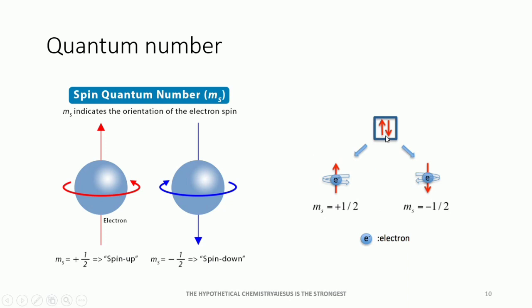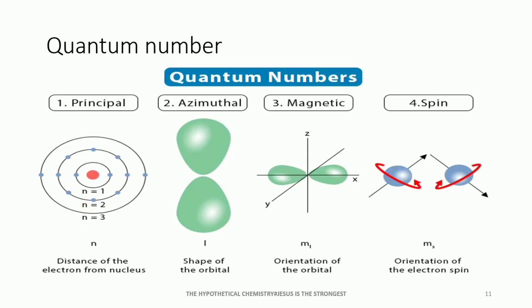So in this orbital we have one electron spinning down, another spinning up. Yes. So this is how electrons are arranged within an orbital.